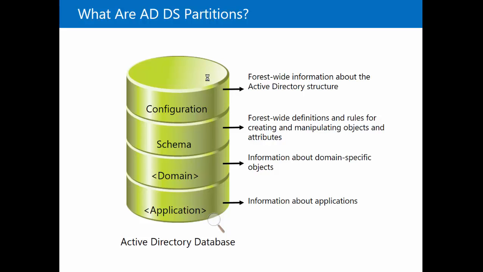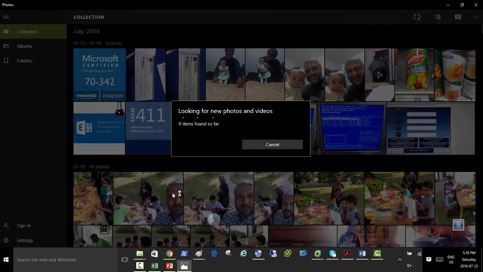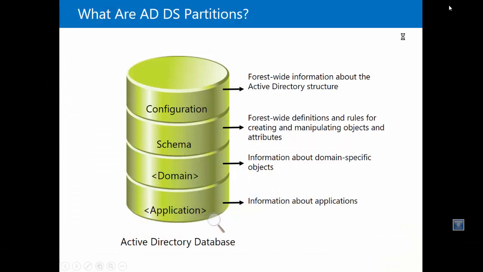If you have 100 branches, you have 100 domains. Suppose in each branch you put a child domain there. If the replication of the whole Active Directory happens every 3 hours across the sites, that's not good.